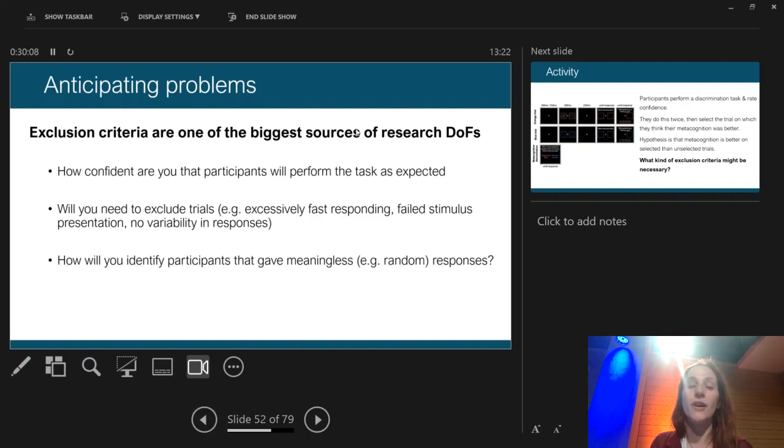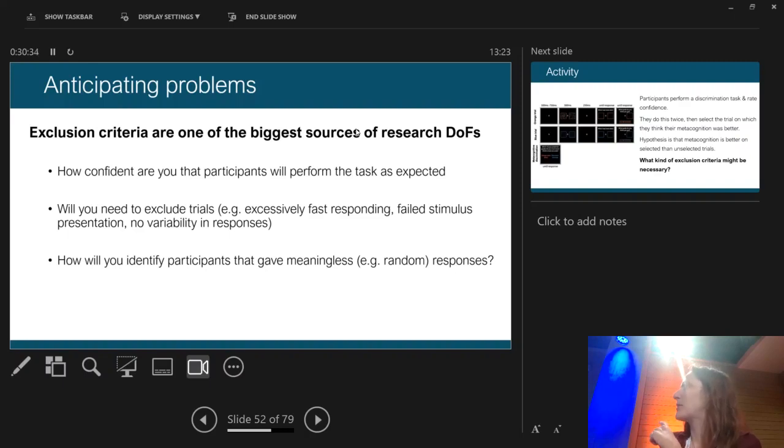So you might need to exclude trials. For example, people who report really fast. If you collect timestamps, if you're presenting stimuli really quickly or something, you might exclude trials where the stimulus wasn't presented properly. Sometimes participants just aren't paying attention, right? So they give the same response every time. You're not going to want to keep them because they're not doing the task.